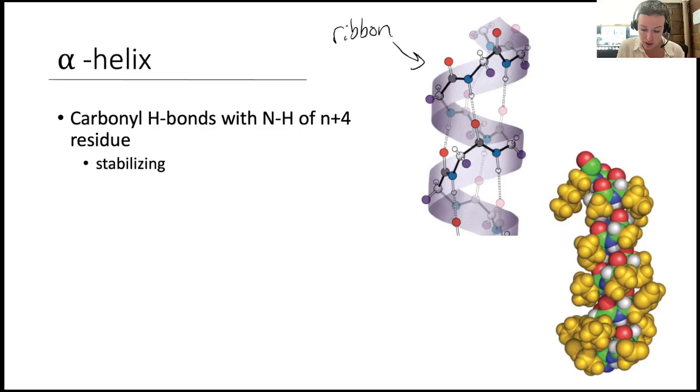And let's look at this carbonyl here. So this carbonyl oxygen is performing a hydrogen bonding interaction with the hydrogen coming off of this nitrogen, 4 amino acids away from it. Let's do some counting. So there's 1 carbonyl carbon. There's number 2.